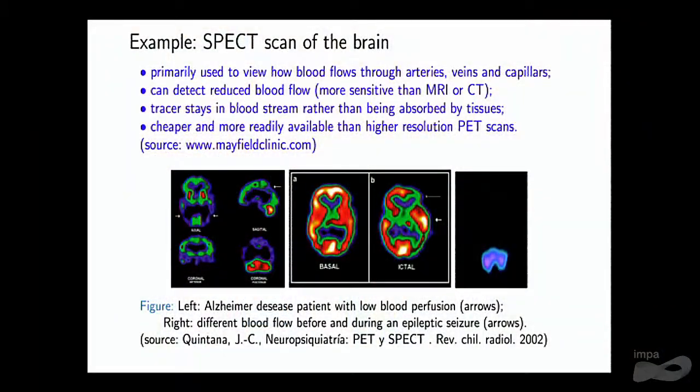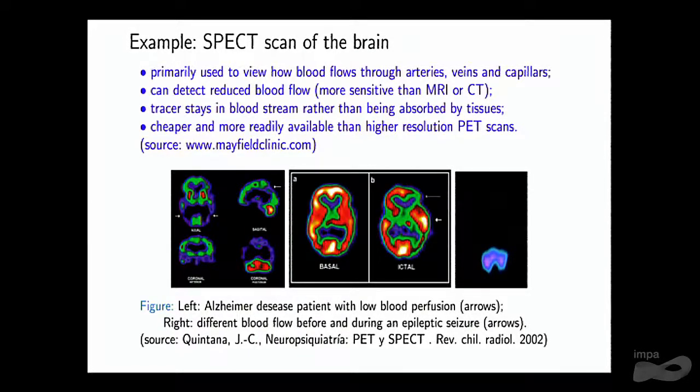This is an example of application in the case of neuropsychiatry. The first image is the case of an Alzheimer's case, where the idea is to detect, from this gamma ray source, regions of the brain where the blood perfusion, which is a signal of brain activity, has decreased.